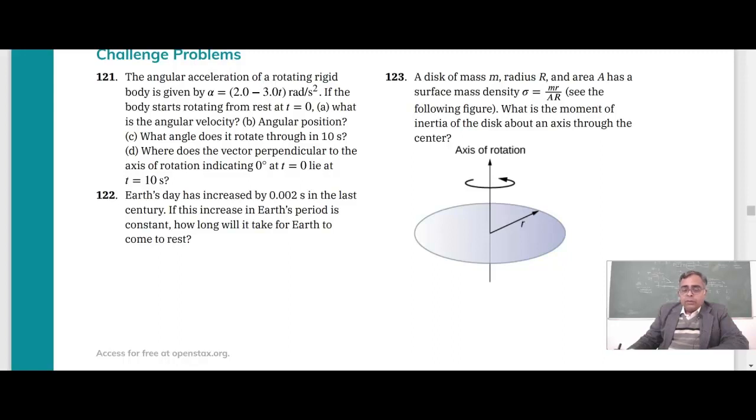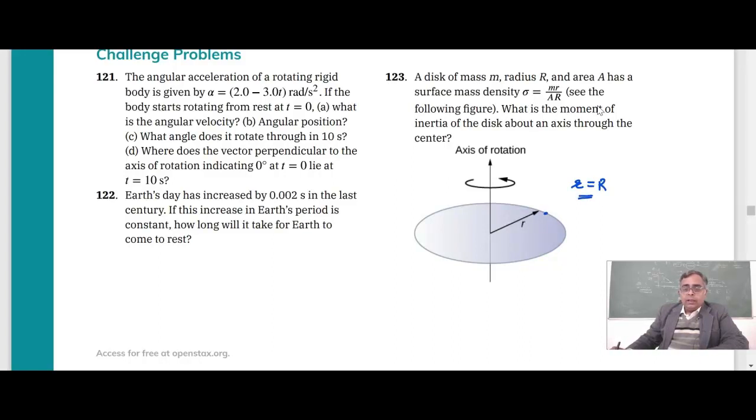Now from this equation, it is clear that the surface density is a variable of r, meaning sigma depends upon r. What is r here? Small r is the distance from the center of the disk. As we move away from the center of the disk, this small r changes, and when small r becomes equal to capital R, we have reached the rim of the disk.